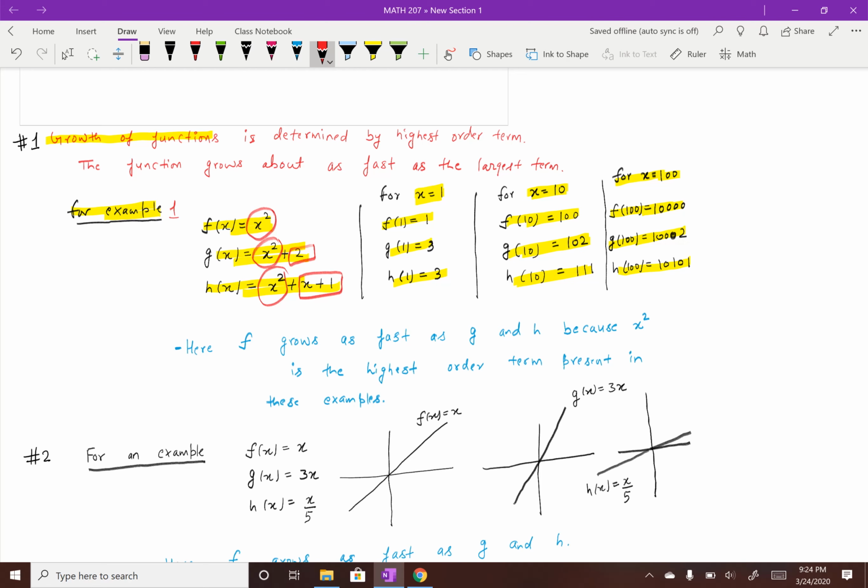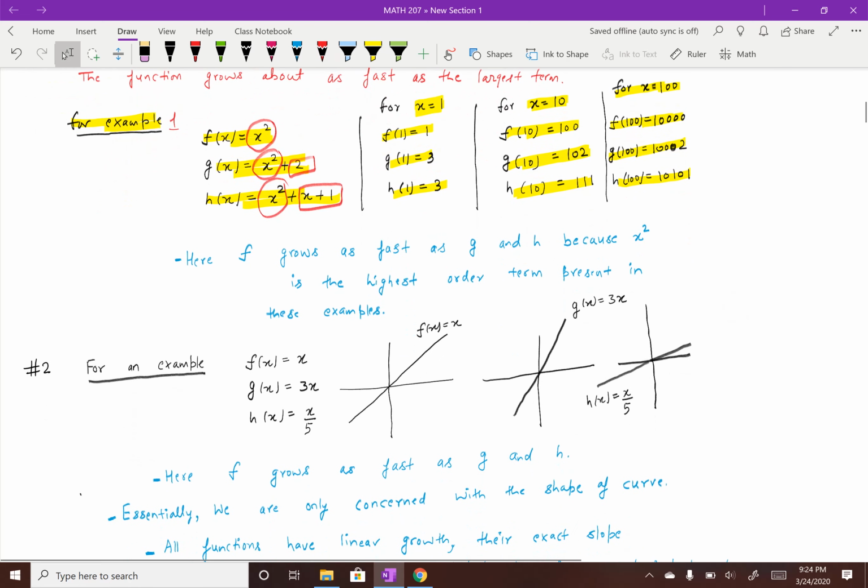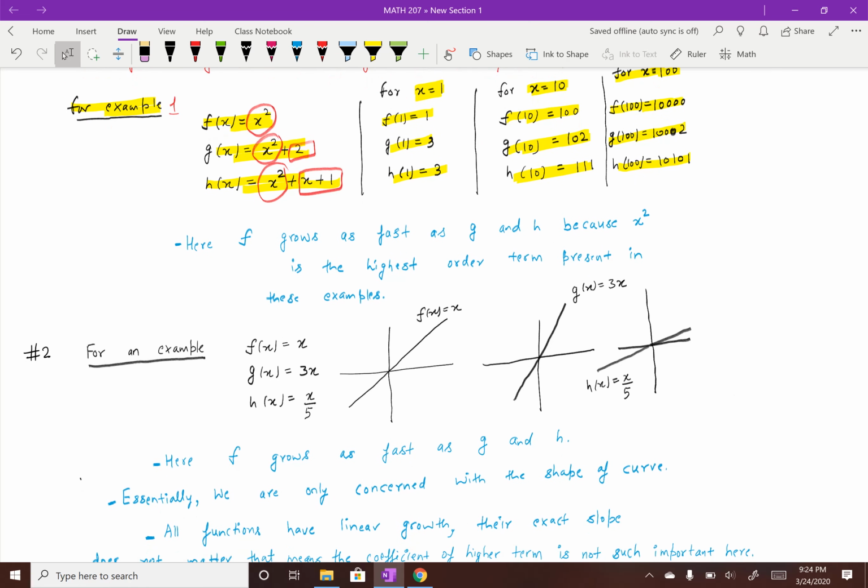Now we're going to look at the second example, and in the second example we're going to learn that a constant multiple of this high order term is not going to play any role in deciding the growth of the function. So if you look at the second example where I define my f of x is equal to x, the coefficient of my highest order term is 1 here.